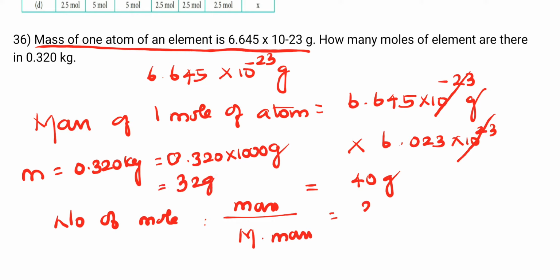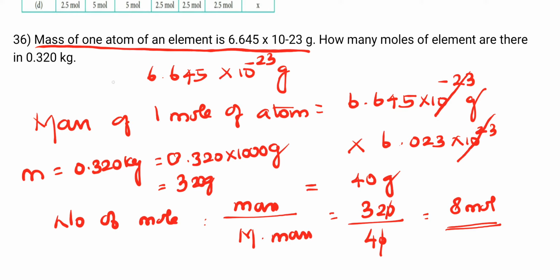So what is the mass? 320 gram, divided by the molar mass, which is given as 40. So 320 by 40, and the 10s cancel, so it has 8 moles.